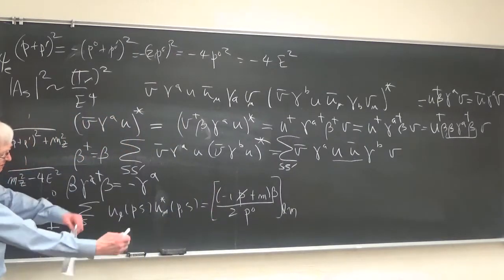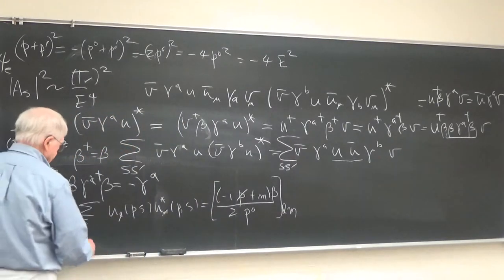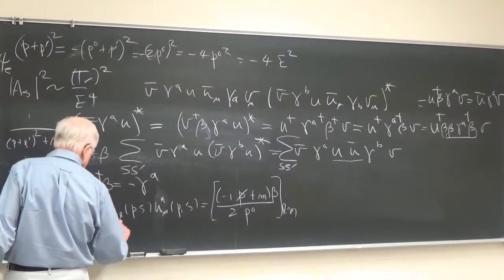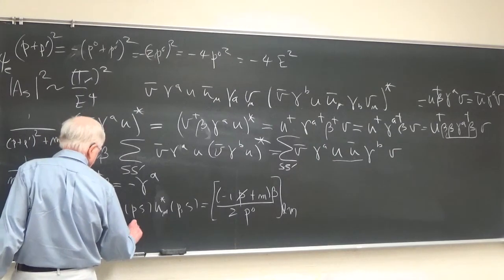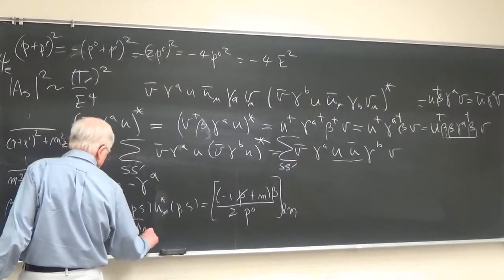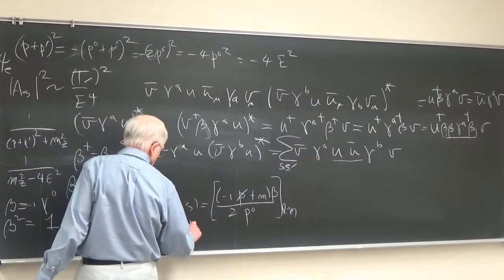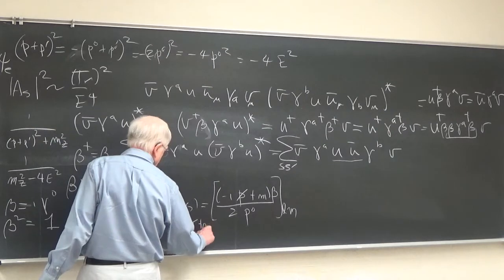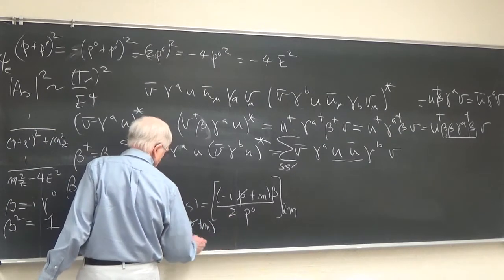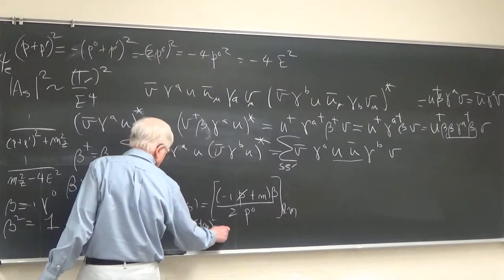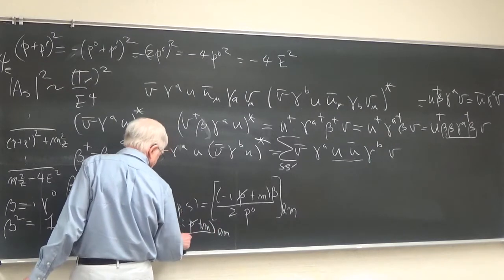But now if we multiply from the right by beta, we get sum on S of U L U bar M equal to minus i P slash plus M beta squared, which is 1, so just L M over 2P0.